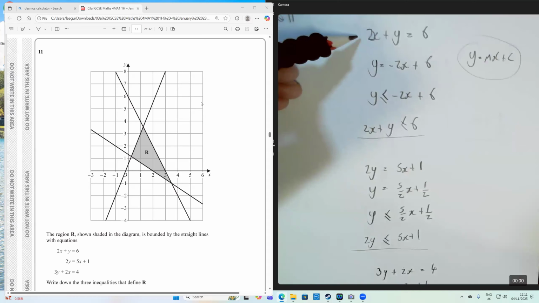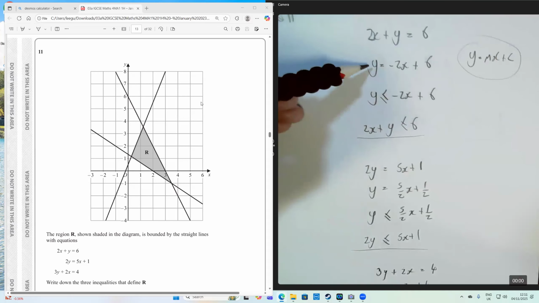So first of all, the equation in the question, 2x add y is 6. So I just subtracted 2x off both sides, and I could see that I've got y is equal to minus 2x add 6. So I looked across at the diagram in order to see which line would match that, okay?